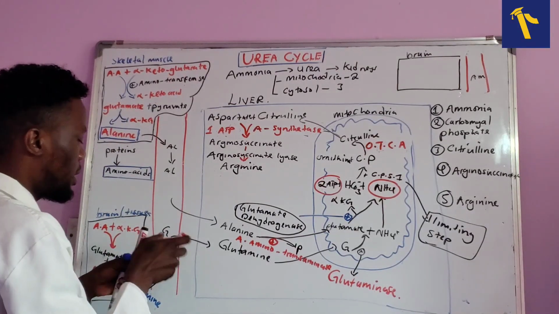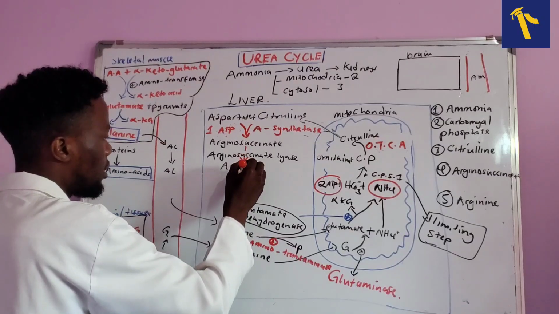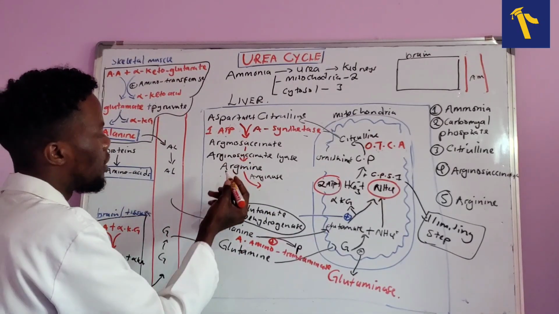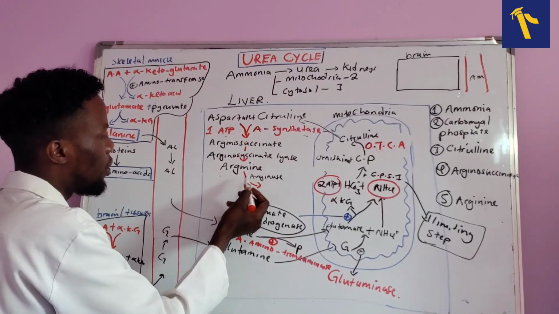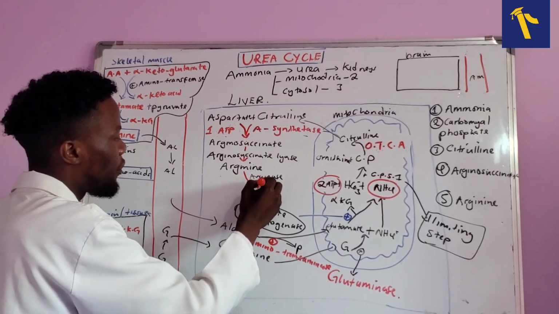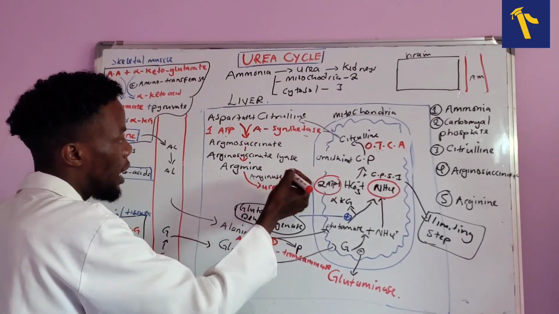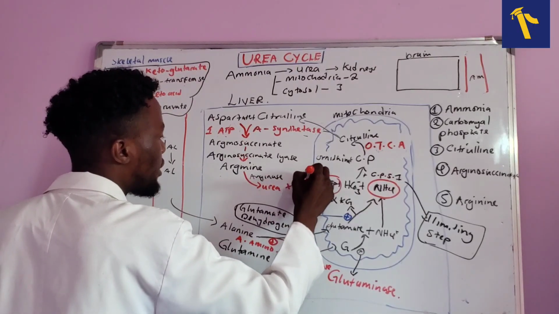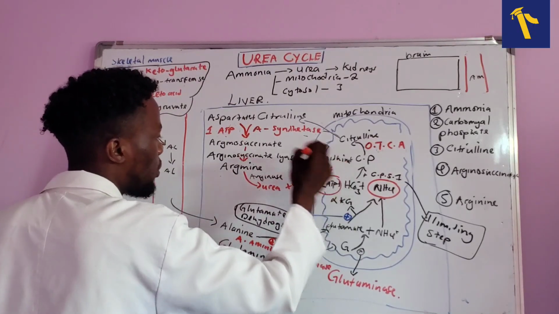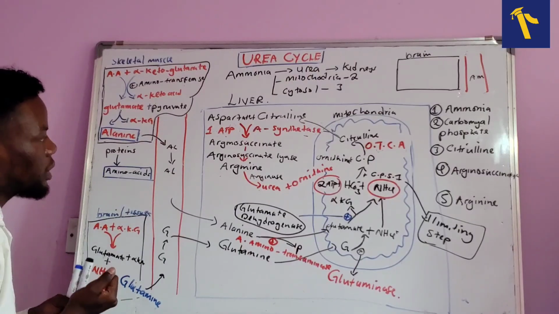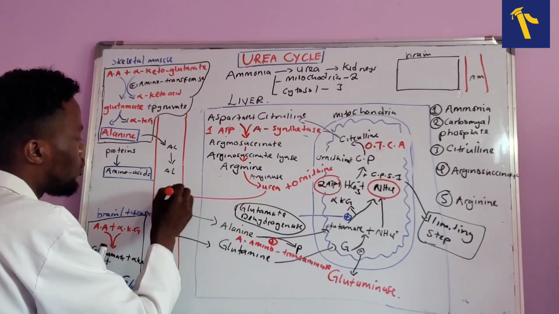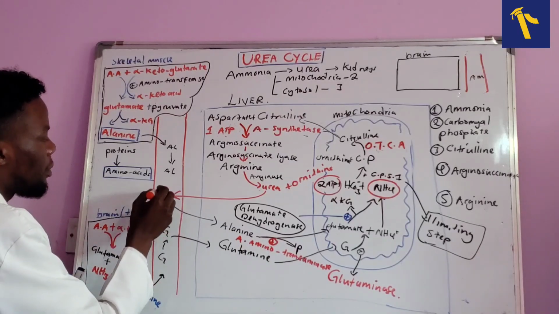Then what's going to happen is that after this, this arginine will be converted into urea plus ornithine. As you can see, urea now can go to what we call blood vessels.